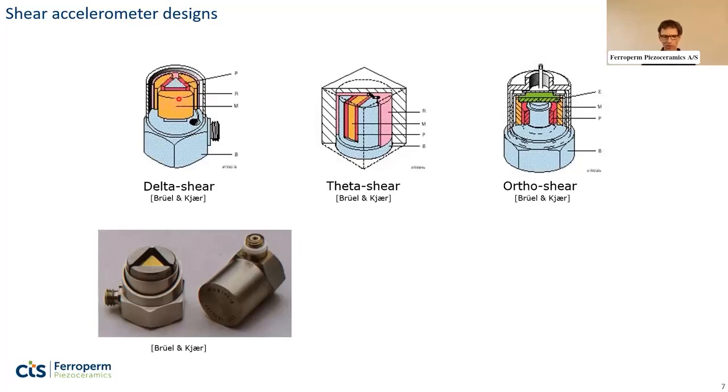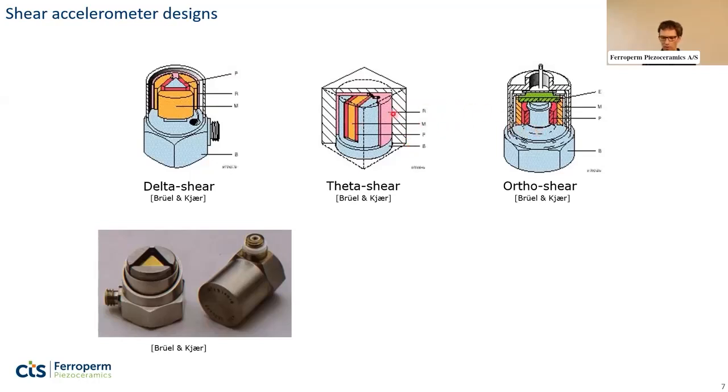And outside these 3 shear plates, the manufacturer has attached some heavy plates of metal. So it's actually seismic masses, one for each of these plates, meaning that when the accelerometer is shaken up and down, you actually get an electrical signal, and depending on the direction of the vibration or acceleration, you get different signals from these 3 plates, meaning that you have a true triaxial measurement.